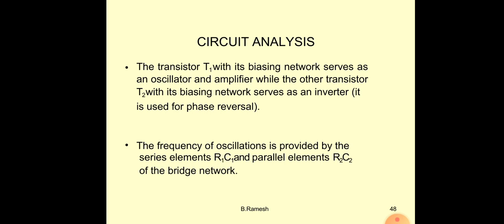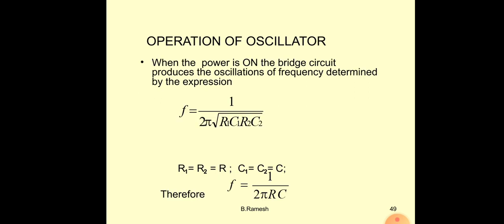The transistor T1 with its biasing network serves as an oscillator and amplifier, while the other transistor T2 with its biasing network serves as an inverter, used for the phase reversal. The frequency of oscillations is provided by the series element R1 C1 and parallel element R2 C2 of the bridge network. So the frequency is based on the R1 C1 R2 C2 components.